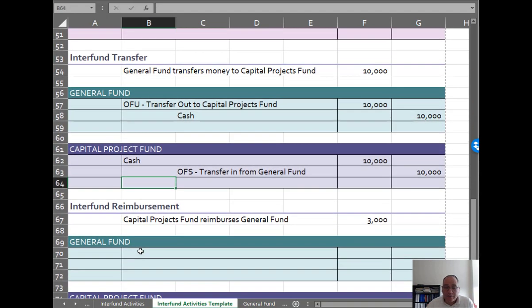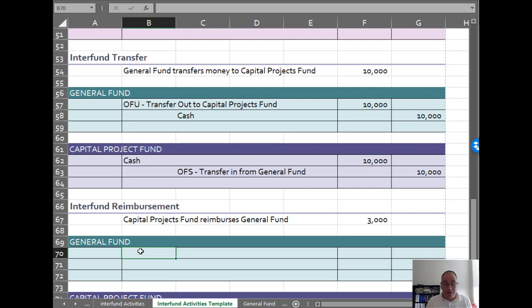The fourth kind would be a reimbursement. So let's say the general fund had laid out $3,000 and recorded an expenditure which really should have been done by the capital project fund. The journal entry the general fund originally made would be to debit expenditures and credit cash for $3,000.